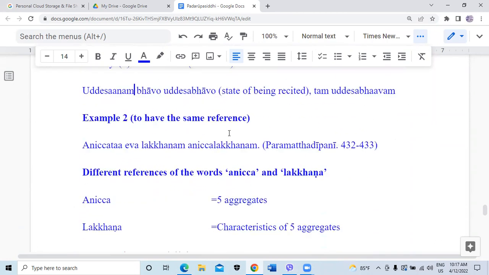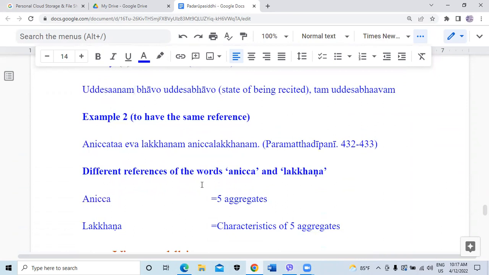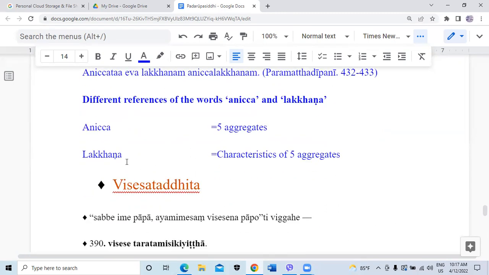This is another example. Okay, Aniccata eva lakkhanam, anicca lakkhanam. This is from Bhāvataddhita. Okay, the different references of the words anicca and lakkhana. Let's see. Anicca, so impermanent.